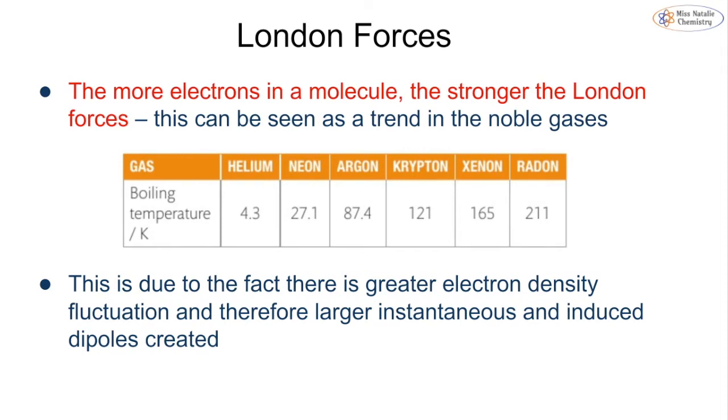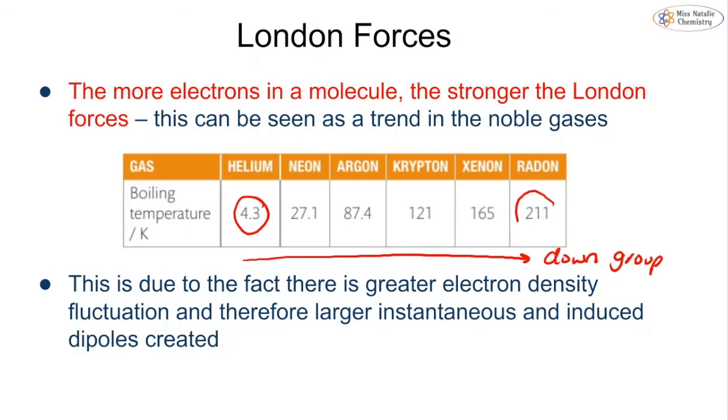So when we look at the boiling temperature of helium, in Kelvin, helium is 4.3. Now, as you go down the group, down to radon, you come up to 211 Kelvin. Now, of course, it is still a gas because room temperature is much higher than that, but you can see quite a large difference between helium down to radon, and it is because your electron density is increasing.